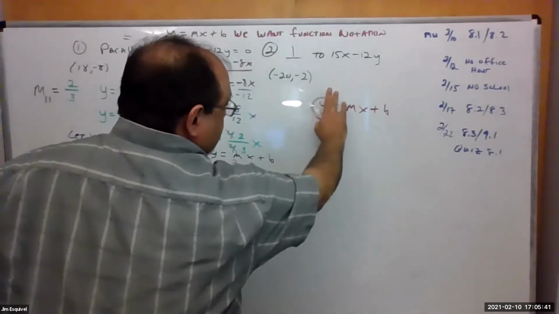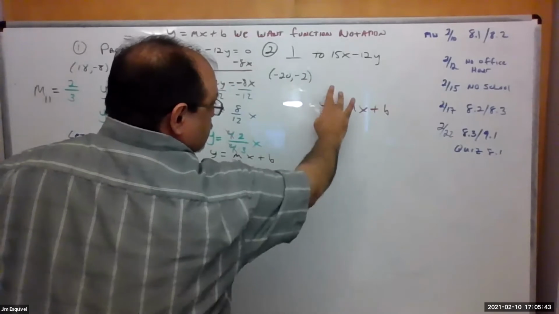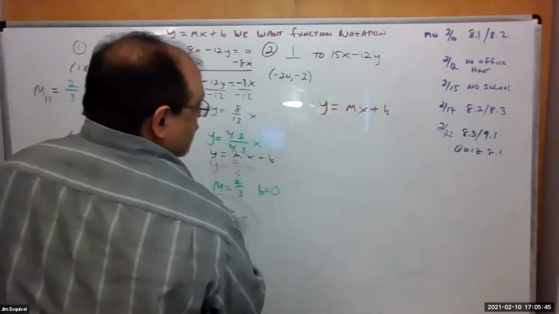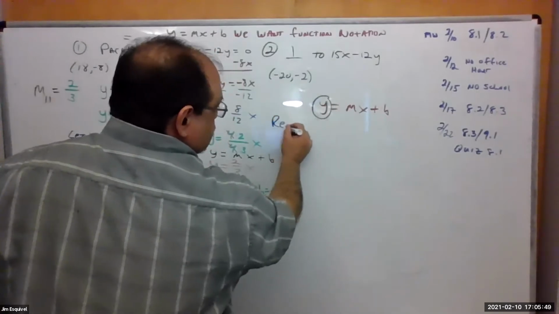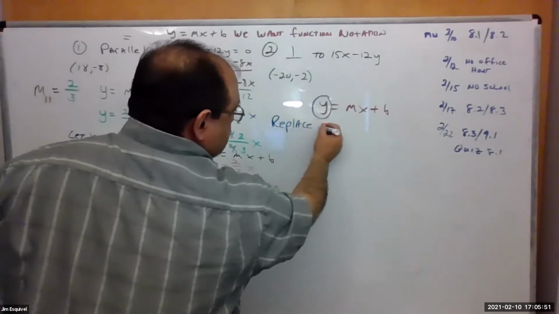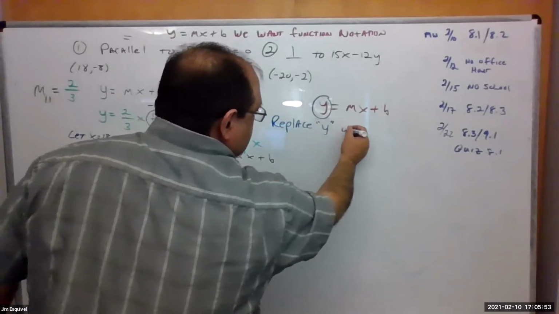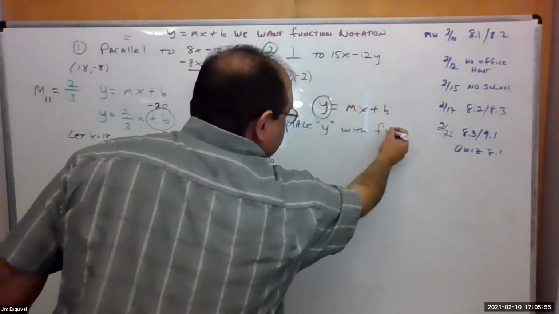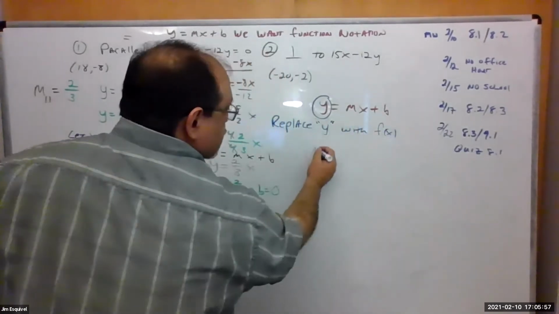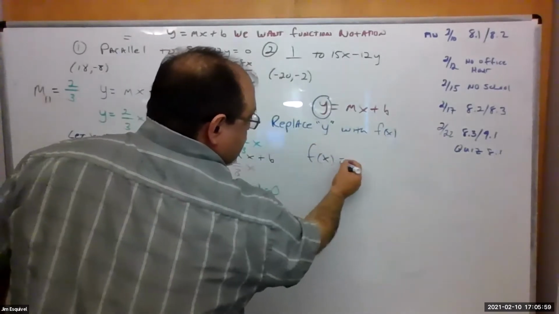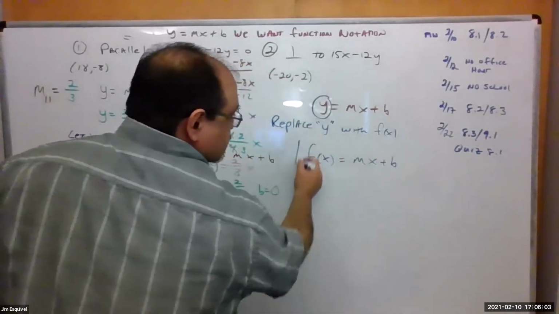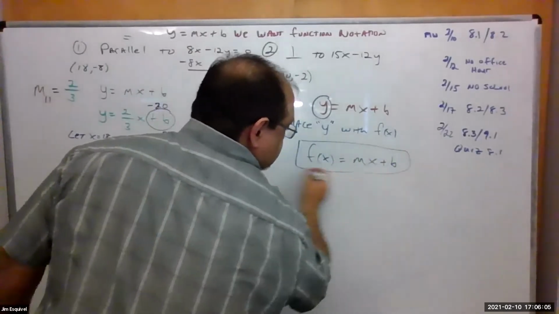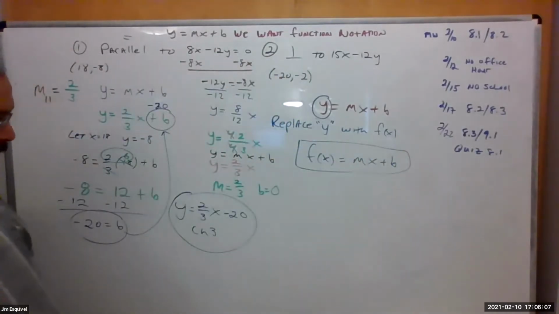All you have to do now that you have your y, is you replace the y with f of x. F of x equals mx plus b. This is your function notation.